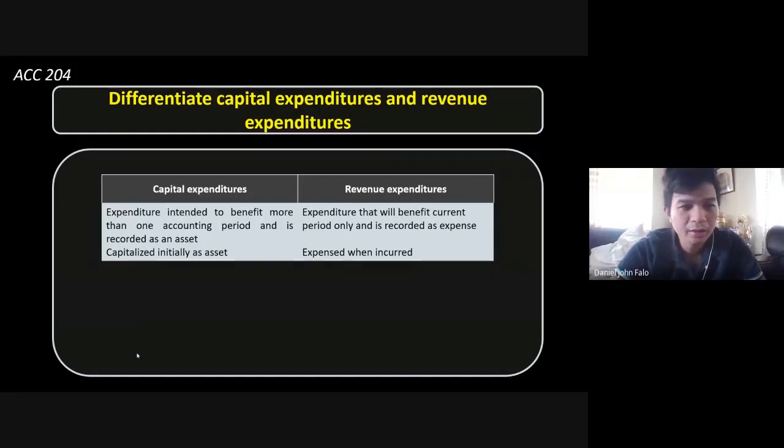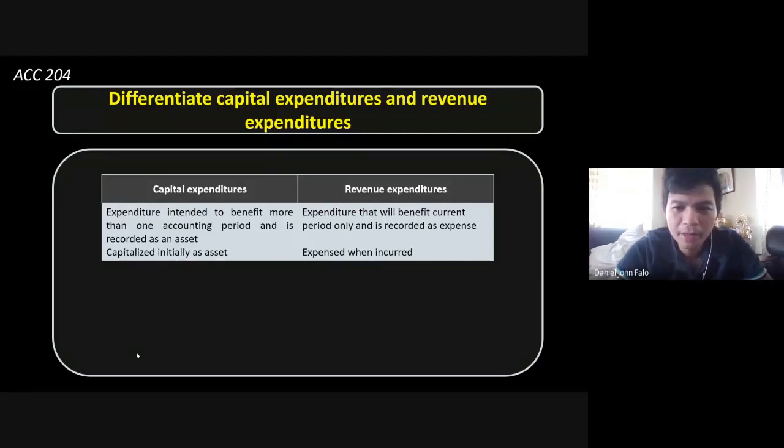So in recognizing such expenditure, i-recognize mo siya as asset. And then it would be allocated through expense through depreciation. So it is one of the accrual principles of accounting. So syempre, kailangan nating ma-identify yun.